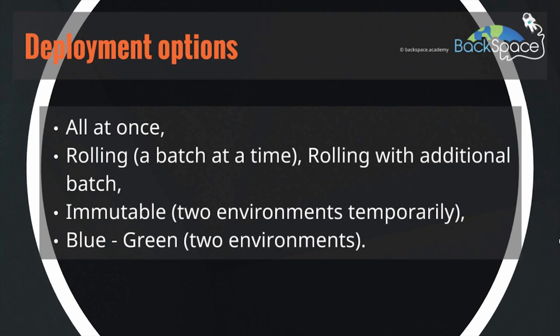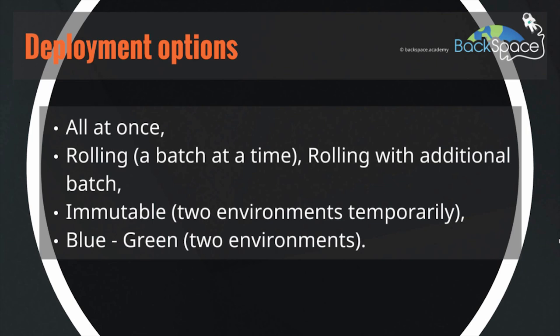You can also do a rolling with an additional batch. So what that will do is that if you've got, again, 20 EC2 instances, it will temporarily increase to 22 while you're doing those 2 deployments across those 2 EC2 instances. And that way you're still going to have your capacity at 20, which is what you have designed for.